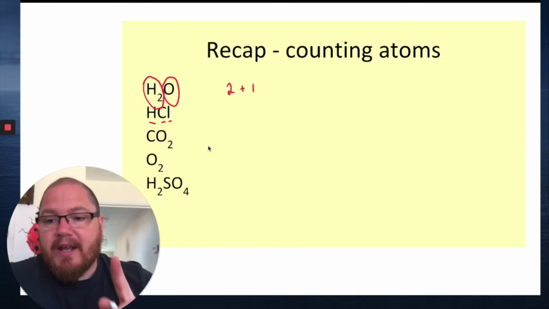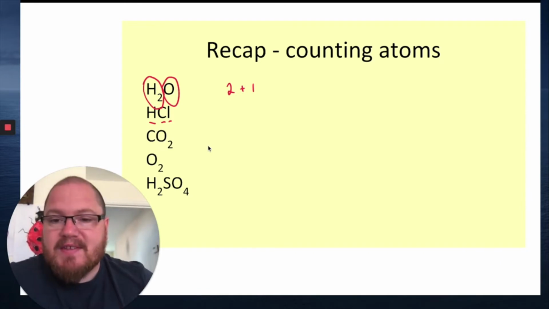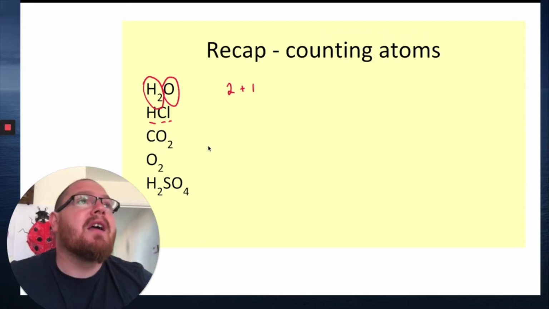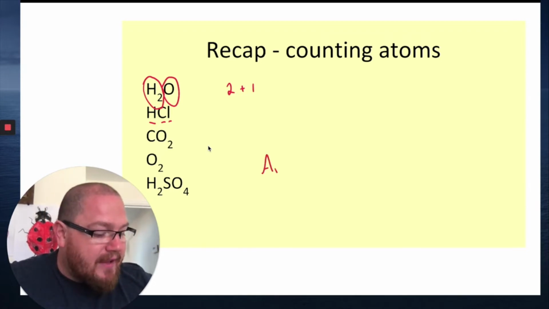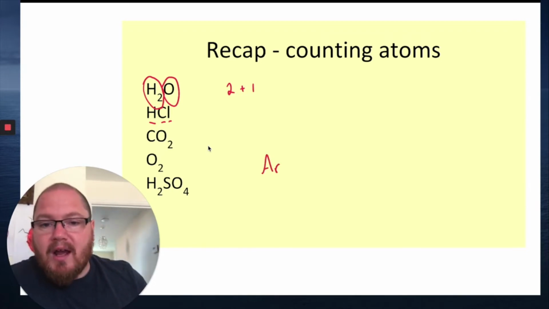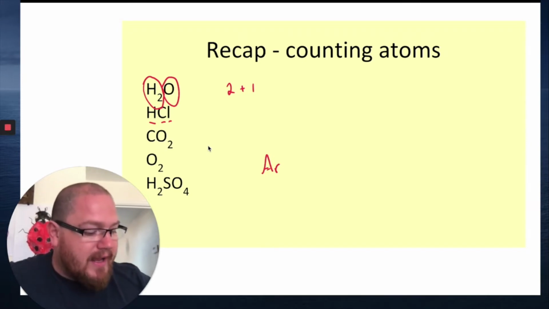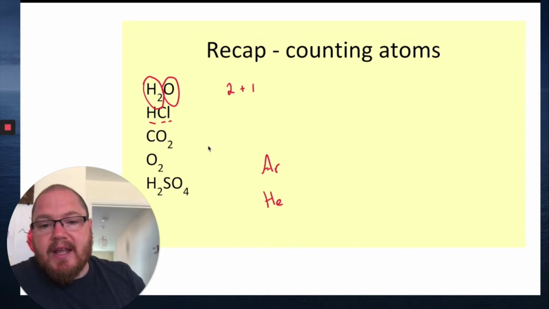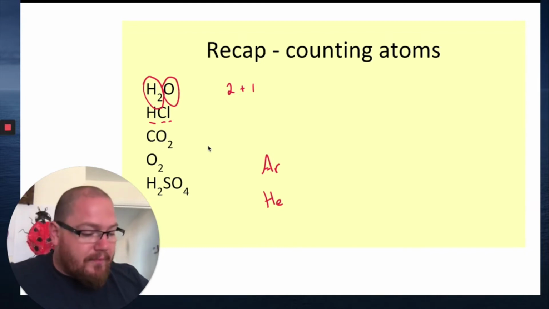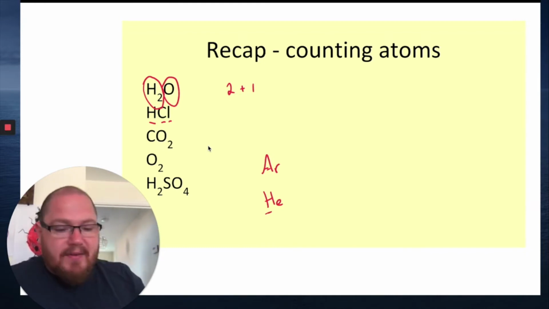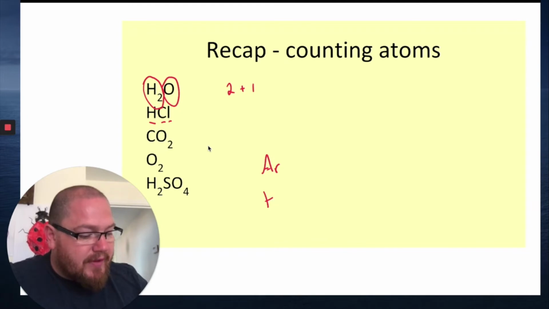If there's a lowercase letter next to the element, it's part of the same element. For example, argon is capital A, small r, so you've got 2 letters. Helium, H, lowercase e. So we're always looking for the start of a capital.